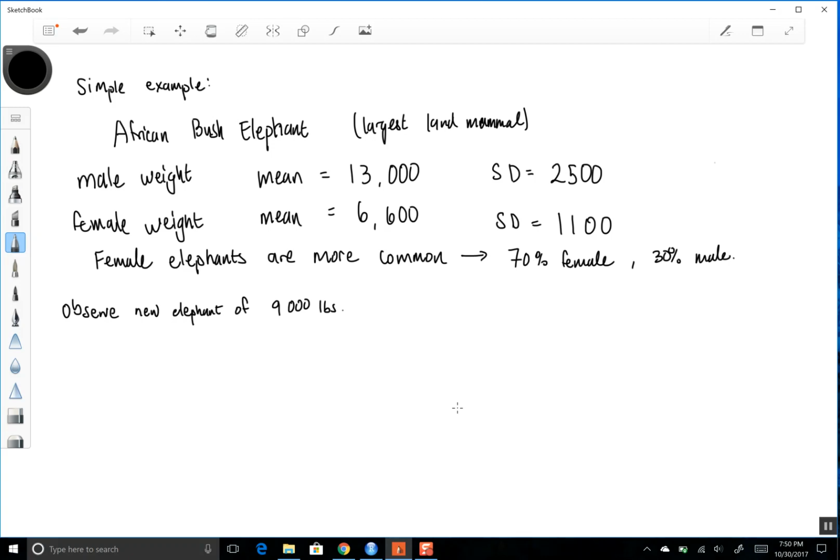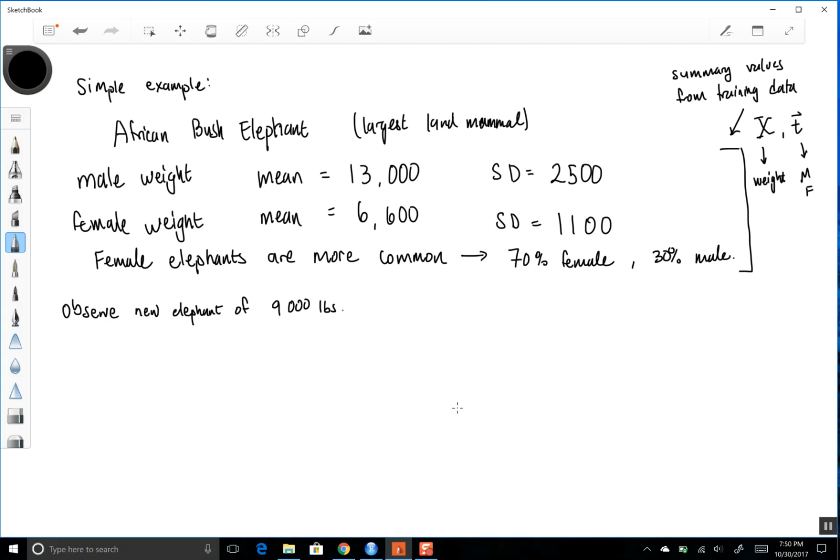So basically, our training data, this is kind of our summary values from our training data. If we had a ton of X and a ton of T values, T being either male or female, and X being just the weight, let's say these are our summary values.